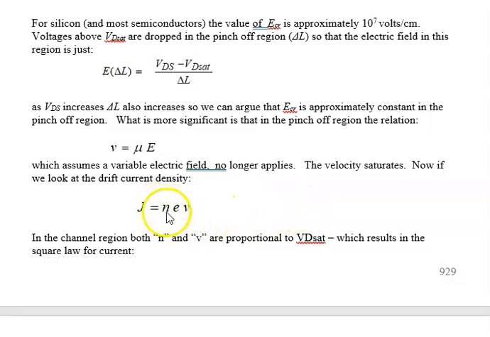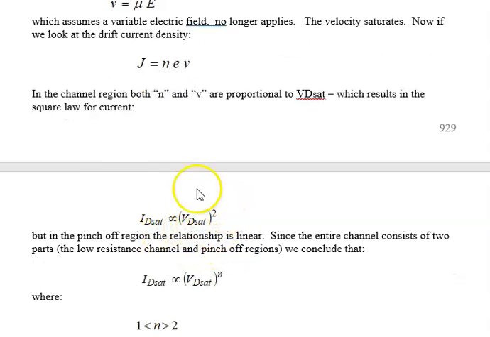So one power is in N. Now V is just the velocity, and if we have our nice proportionality here, the velocity is proportional to the electric field. The electric field is proportional to the transverse voltage. The transverse voltage in saturation is VD sat. So here's one power, here's the other power. That's where the square law comes from, right here.